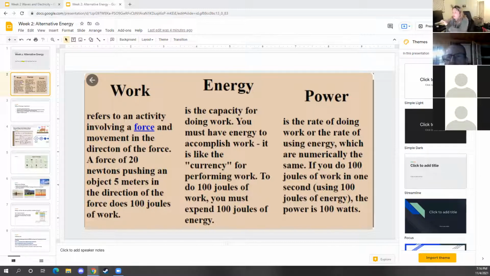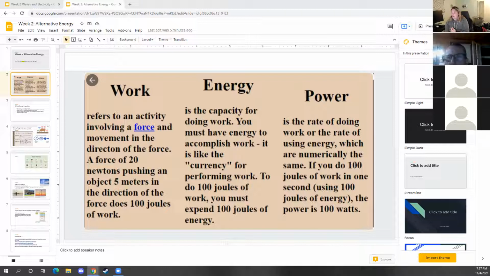Basically, if you do 100 joules of work in 1 second, you have 100 watts. That goes back to the fact that watts is the same thing as joules per second. This is a concept that is difficult to understand when they're talking about the math, and I hope I'm not confusing you. If I am, please stop me and I'll explain it better.